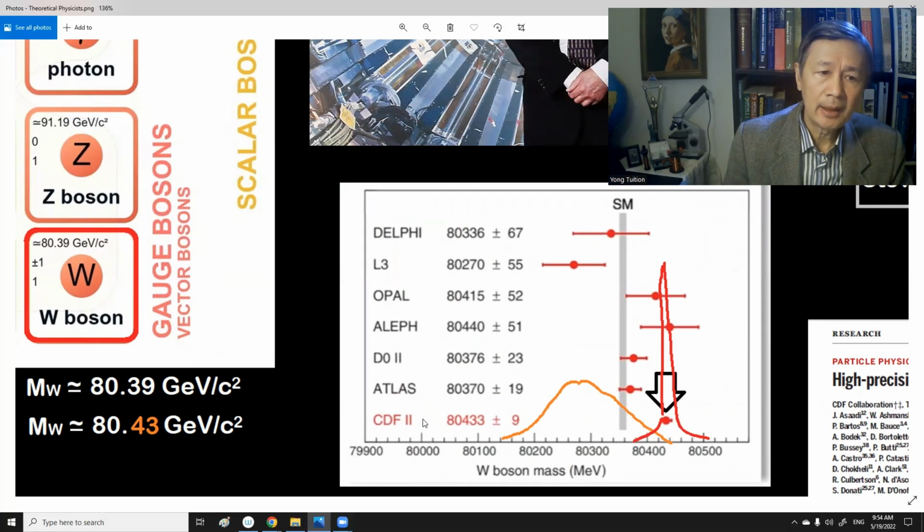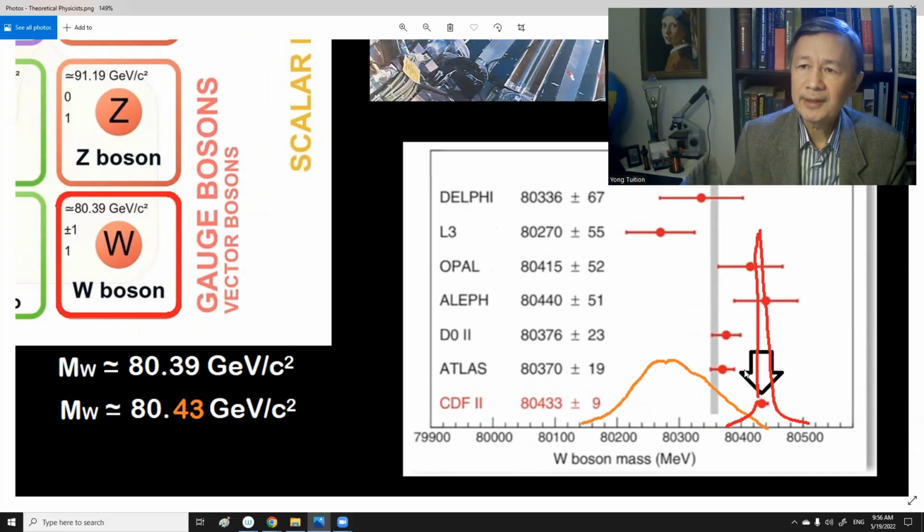The mass of the W-Boson should be slightly heavier than the previously reported value. If this analysis method is reliable, then the actual mass of the W-Boson is noticeably different from the one we knew before.